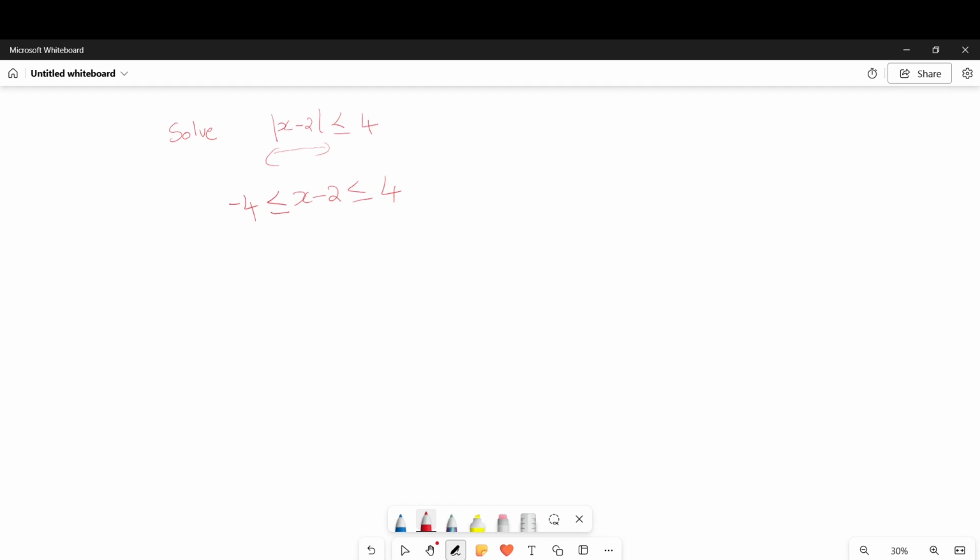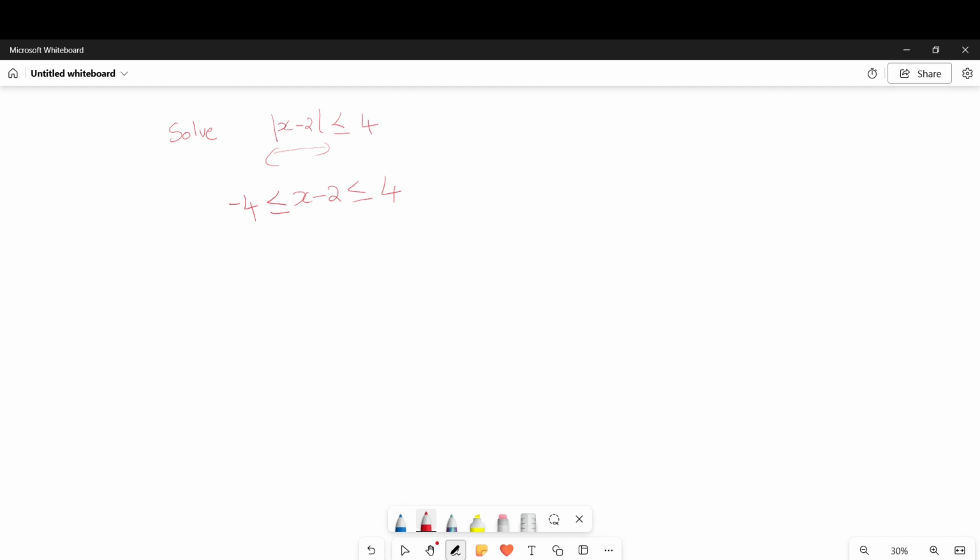So x minus 2 is from -4 to 4. Whenever we have an absolute value inequality, just do it this way: the right hand side will be 4, and the left hand side will be -4.